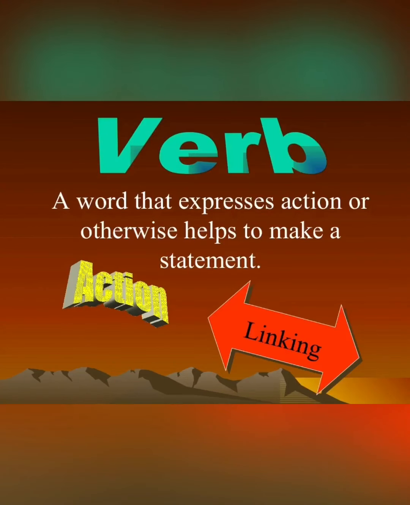Okay, so next we have verb. Verbs are the words that tell what happened in a sentence, or you can say tell what action someone or something is doing. They can also show a subject's state of being, that is, or was.